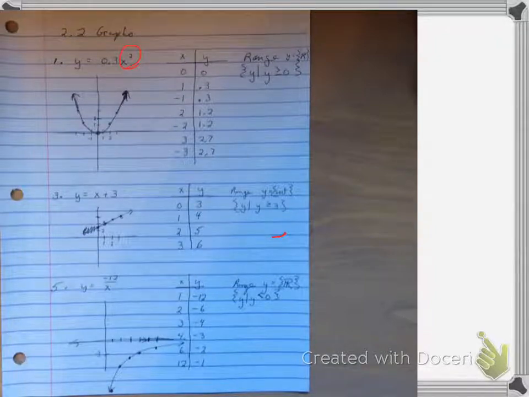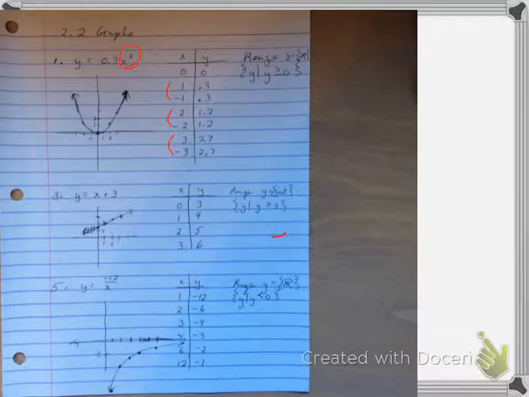Because 0 squared is 0, and 0 times 0.3 is 0. If I pick 1 or negative 1, 1 squared is 1 times 0.3, and negative 1 squared is also 1. So these come as pairs. When you graph that, you will see that you have a parabola that goes up, keeps extending in both directions up in this kind of curvy way.